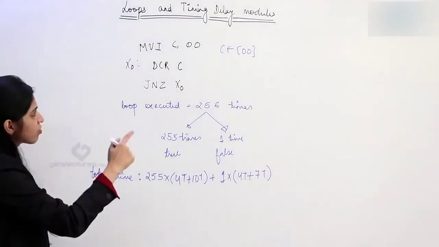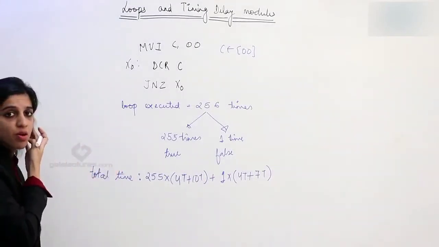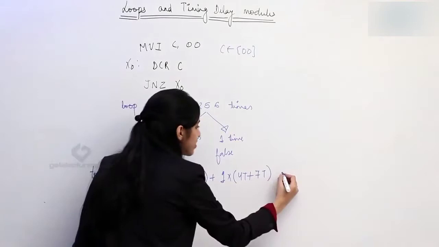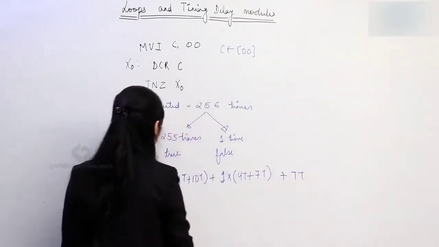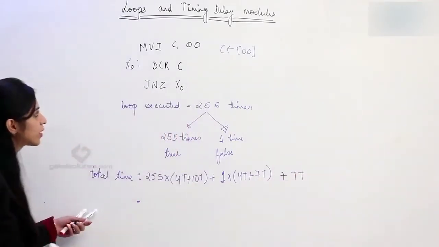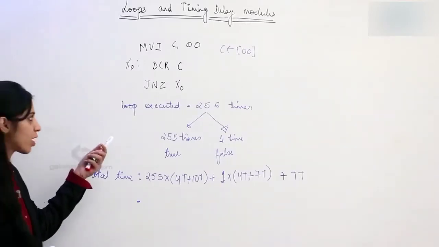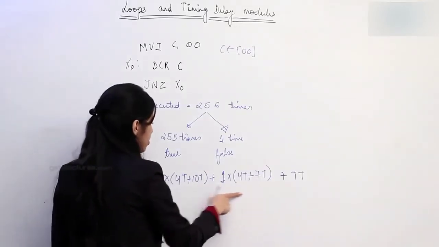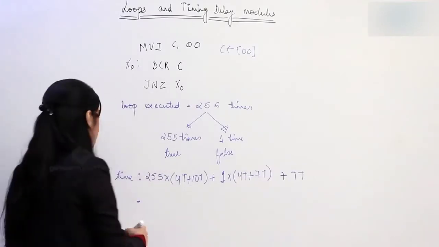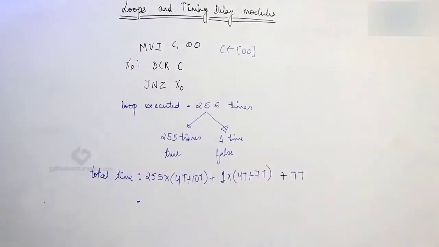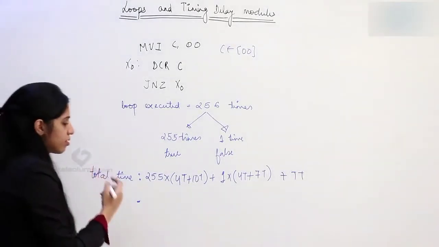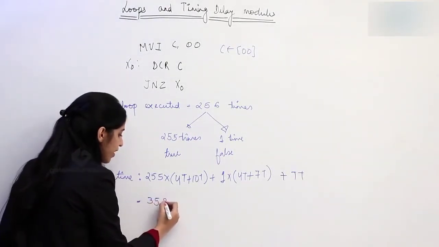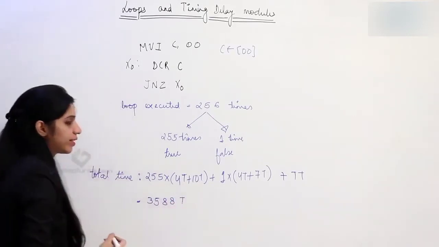And one more instruction we can see here is MVI C, 00, which is a 7 T states long instruction. So this is the total time required for this module, which if you calculate comes out to be a total of 3588 T states.